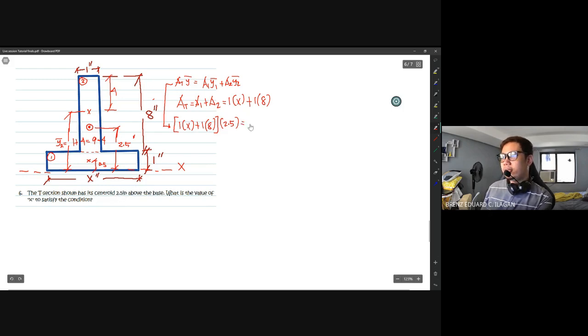Equals, first area 1, which is 1 multiplied by x times y bar 1, which we got as 0.5, plus area 2, the upper rectangle, which is 1 times 8 multiplied by 1 plus 4, or 5. So guys, please solve it. What is the value of x here?